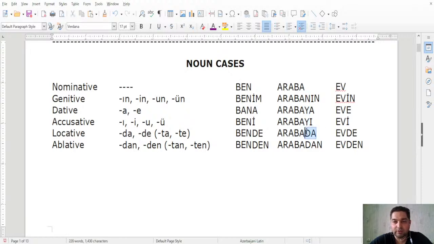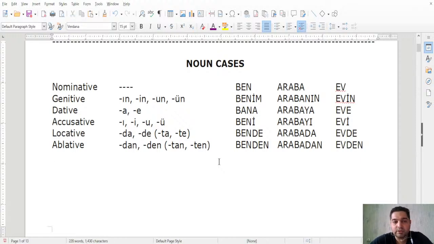In arabada we don't require it, because da starts with a consonant, and arabadan is the ablative case. Here we have an example of the word ev, which means house. Araba means car, ev means house, and because ev ends in a consonant, you don't need fusion letters. So evin, eve, evi, evde, and evden. This is basically how we change the words based on their cases.